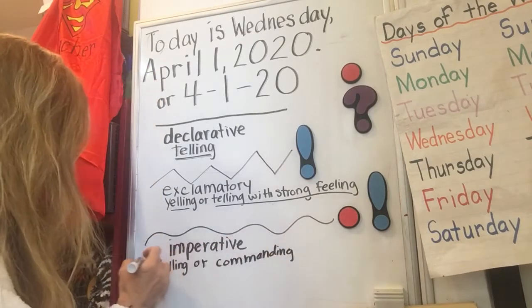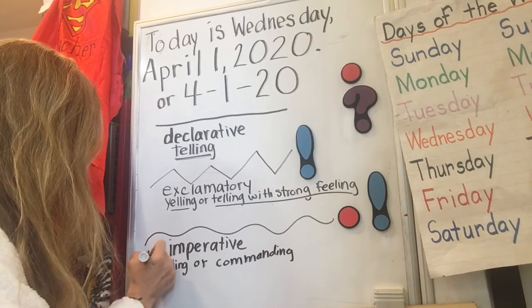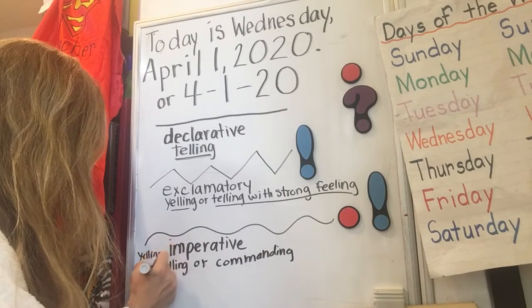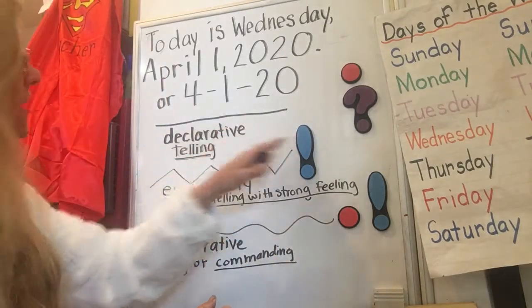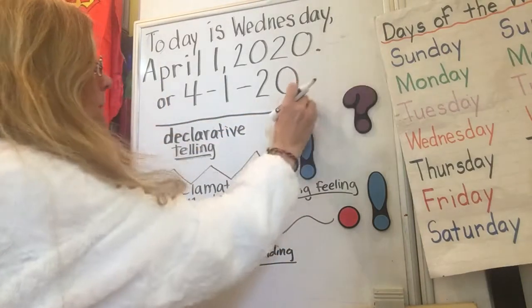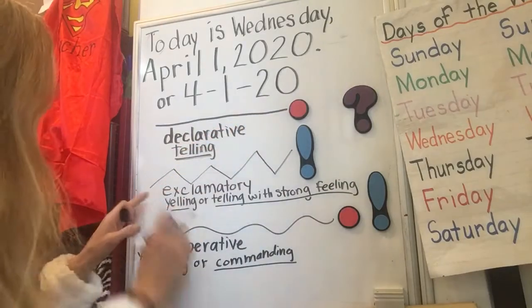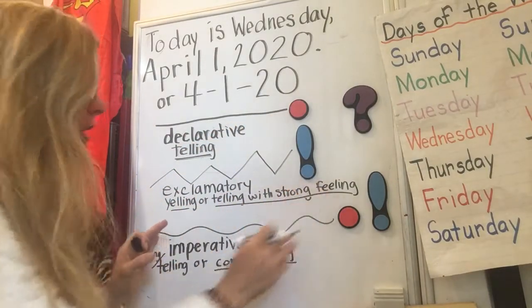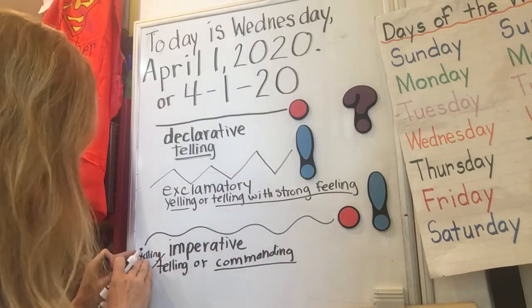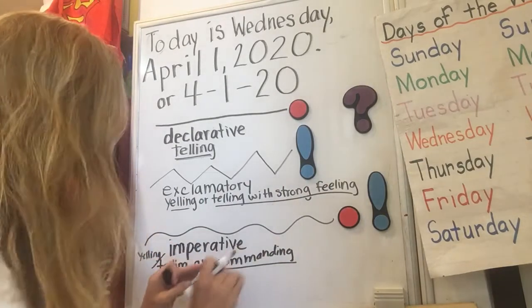So we'll put yelling, telling, or commanding. So declarative is telling. Exclamatory is yelling or telling with strong feeling. Imperative is yelling, telling, or commanding.